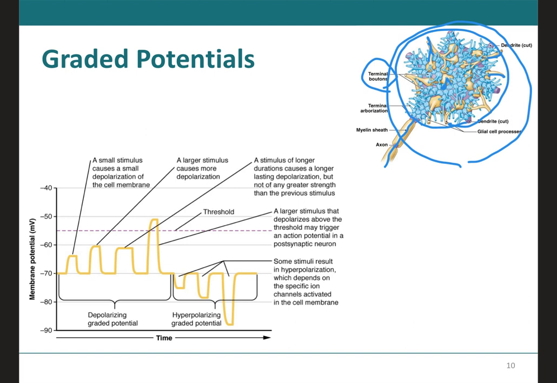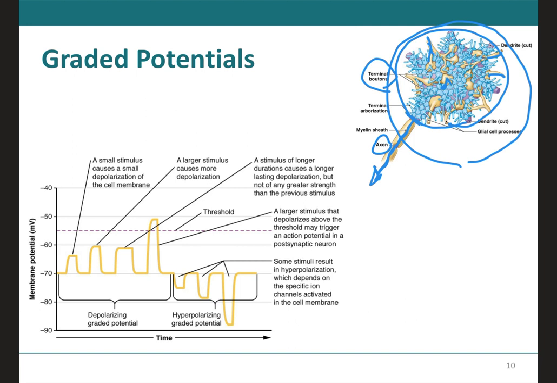I am the information that's more important to be sent down the axon, passing through the axon hillock, other terminal button, and going down the axon. This is what we call reaching threshold. So the more important the information is, the better chance it has of reaching threshold and propagating down the axon.